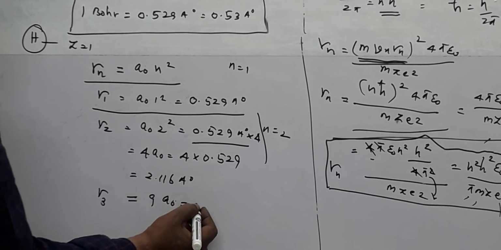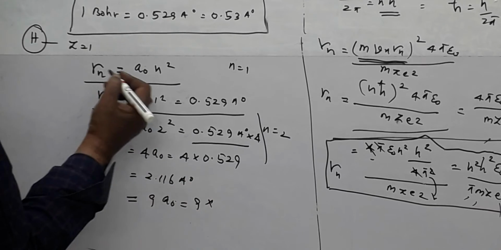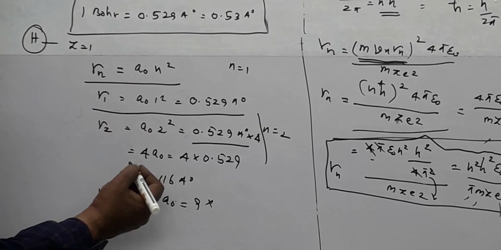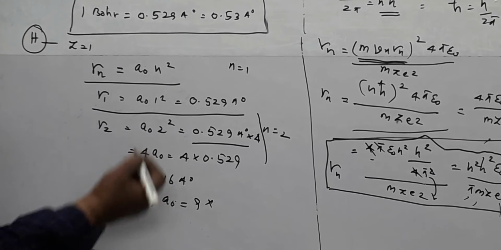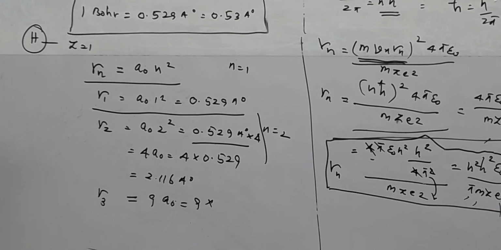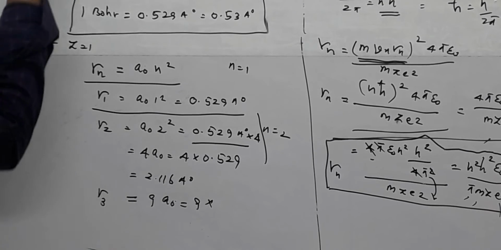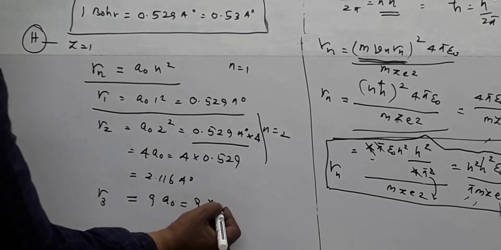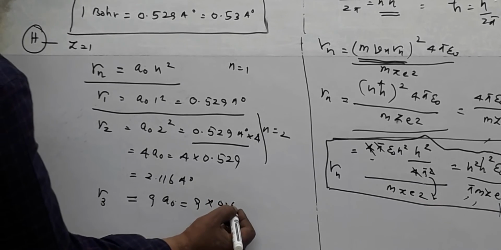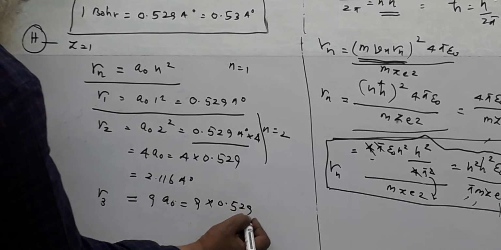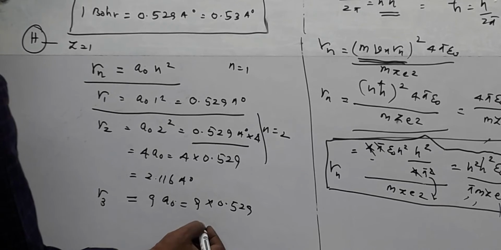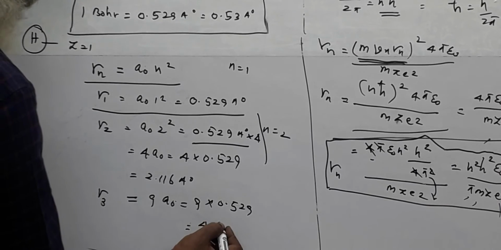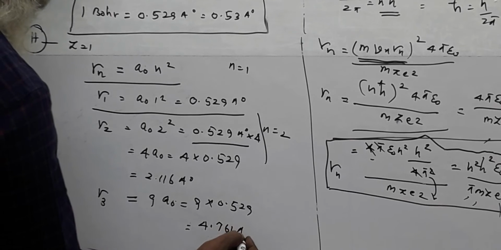Likewise, for 3 square, it is 9 a naught. That means 1 square is 1, 2 square is 4, 3 square is 9, 4 square is 16, 5 square is 25. Likewise, you go on up to the required Rn value. Substituting 0.529 multiplied by 9, we get 4.761 Angstrom.